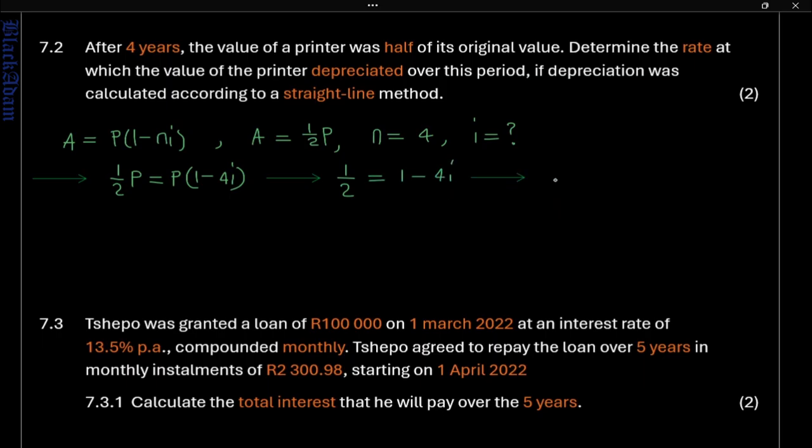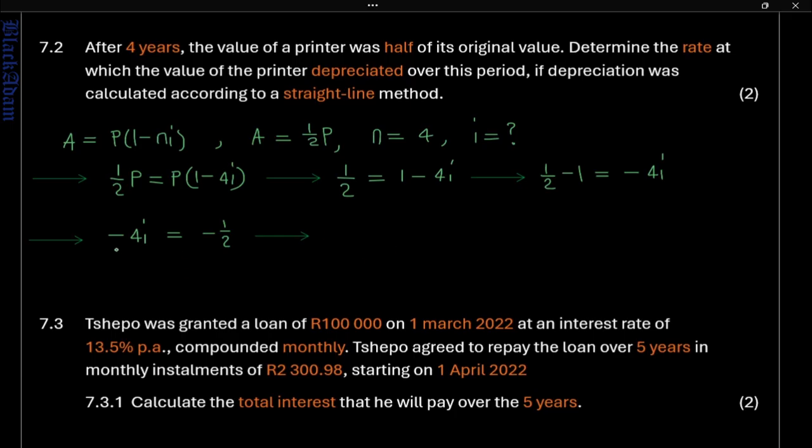We take 1 to the left hand side, so half minus 1 equals negative 4i. That means negative 4i is equal to negative half.